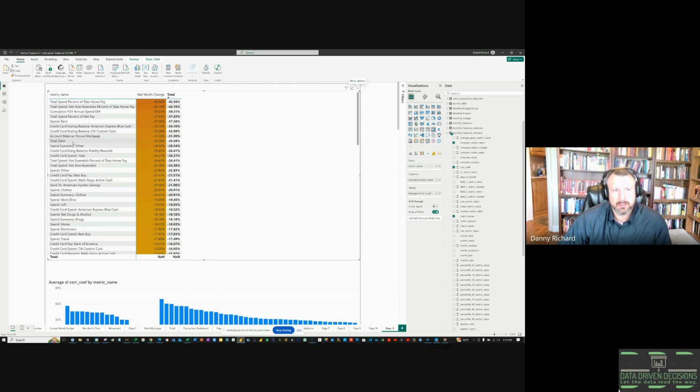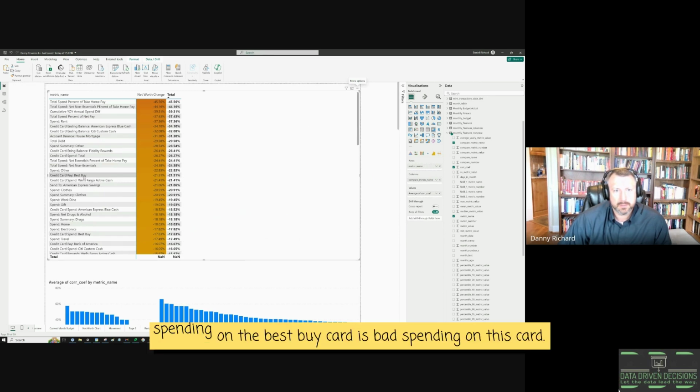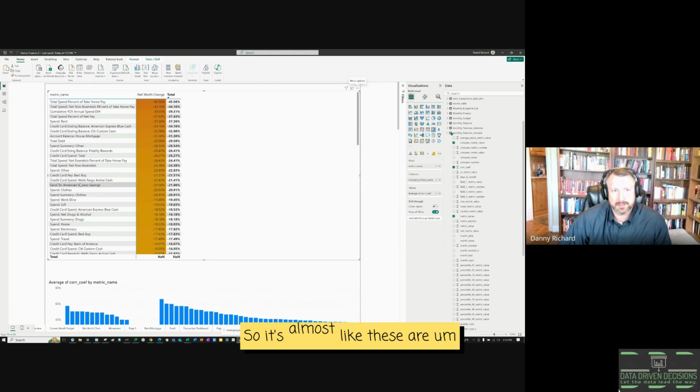Total debt, spending on other is very bad. Just spending on the credit card is bad. Spending on the Best Buy card is bad. Spending on this card, so it's almost like these are spending on clothes is bad.